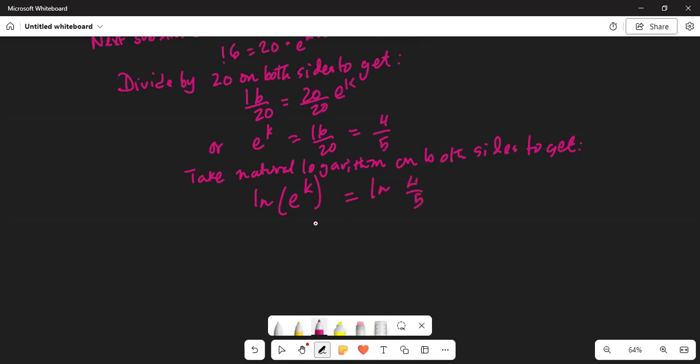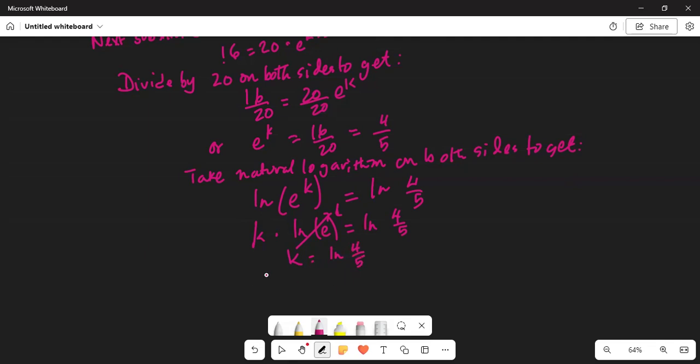Now ln e to the power of k is nothing but k times ln e is equal to ln 4 over 5. Now ln is natural logarithm, or logarithm of e with respect to e, that itself is 1. Okay, so k is equal to ln 4 over 5.